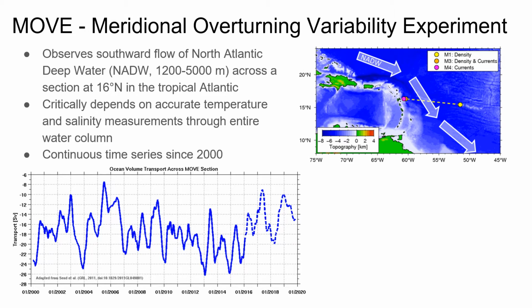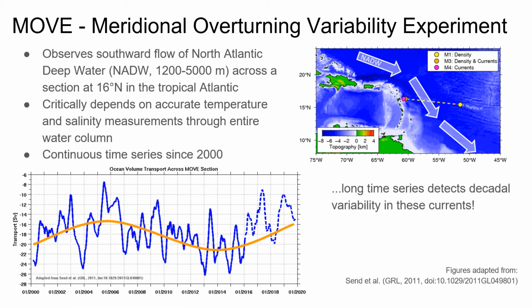Thanks to the duration of the time series, we can also detect slower decadal scale variability, as highlighted by the orange line here. We believe that this interannual variability is one of the climate signals that we intended to observe in the first place. These figures are from a 2011 paper by Send and co-authors.